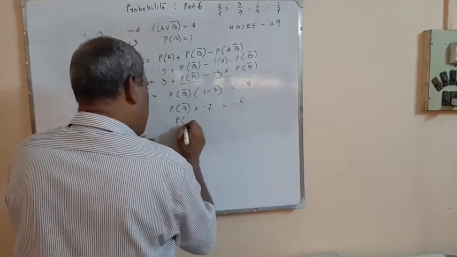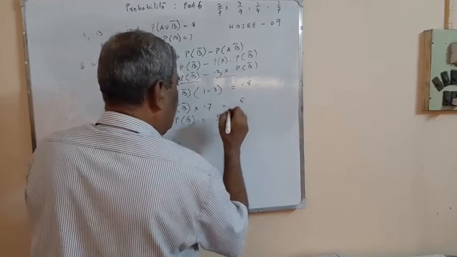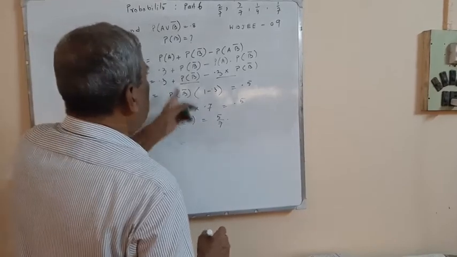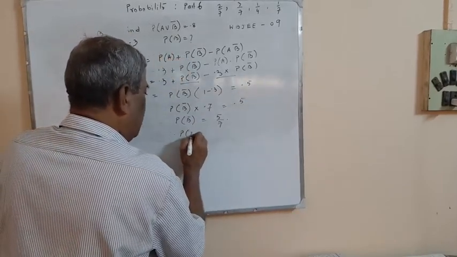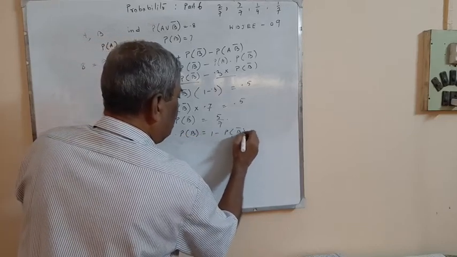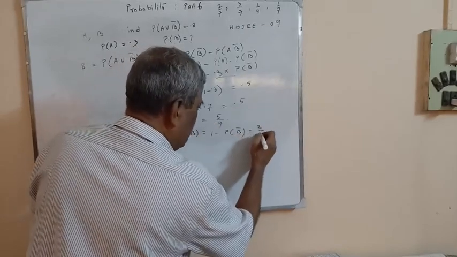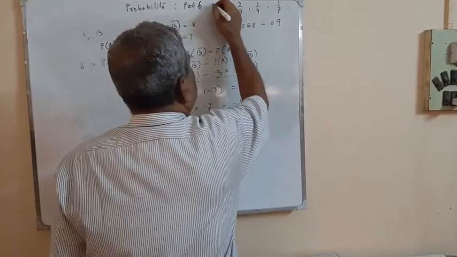So the probability of B bar is equal to 5 by 7. We have to find the probability of B. Therefore, P(B) is equal to 1 minus P(B bar), which is 1 minus 5 by 7, that is 2 by 7. It is our answer. So the first option is correct.